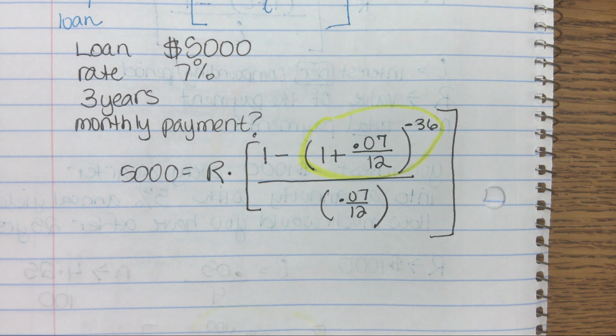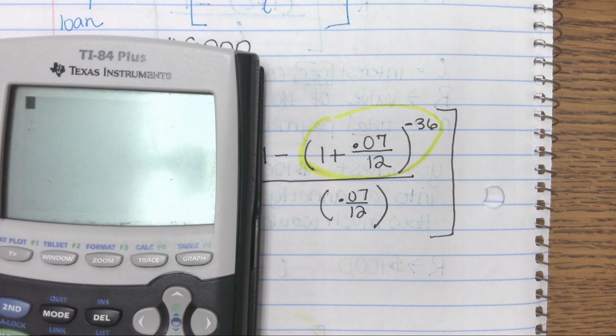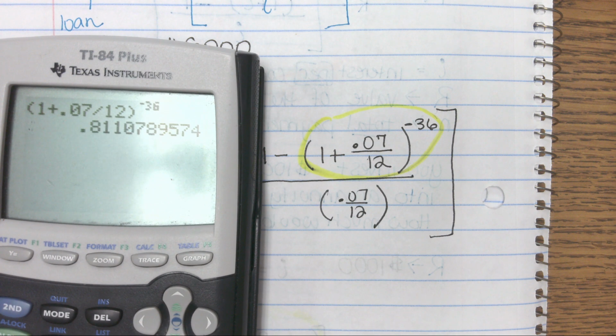Are you ready? Would you confirm that you get 0.811-ish when you do 1 plus 0.07 divided by 12, raised to the negative 36?